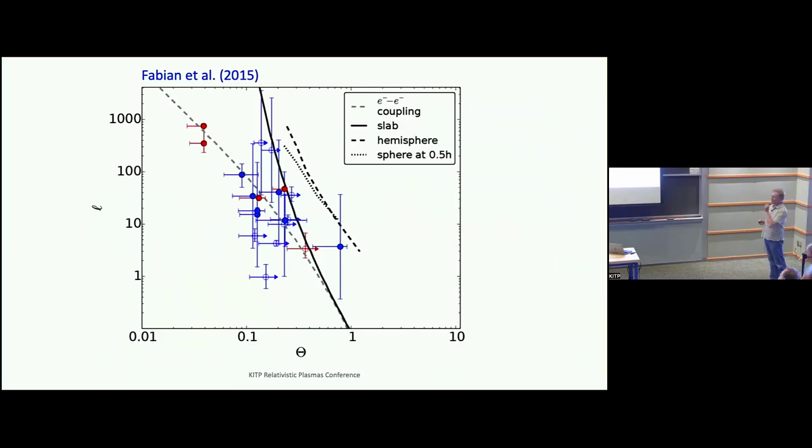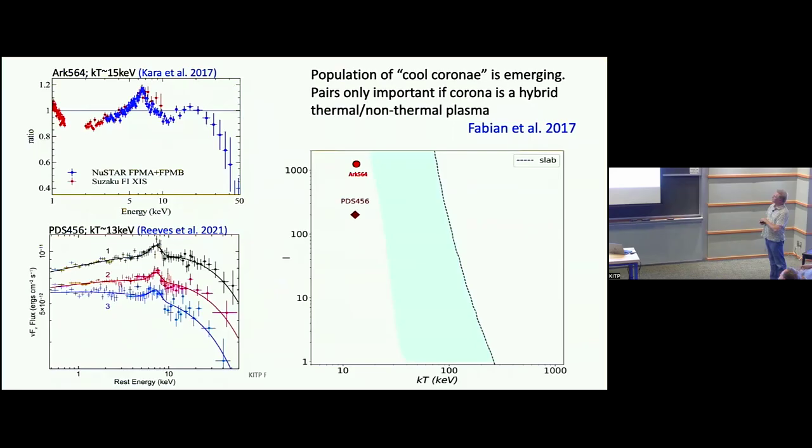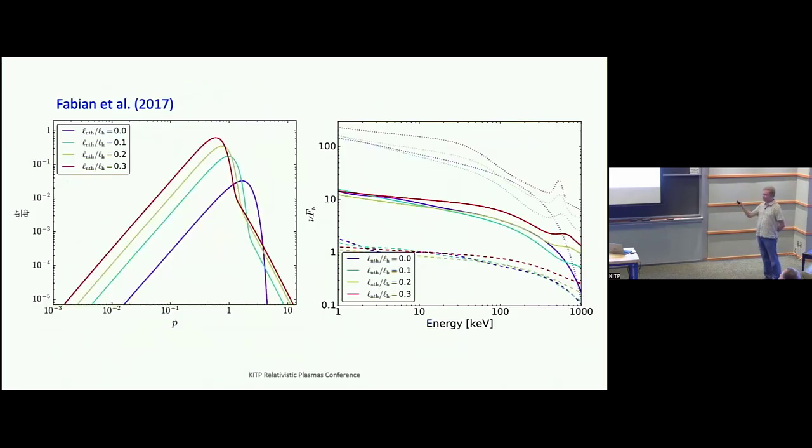Let me briefly say, recently there have been cool coronae found, which are way off this line, and it could just be that nature doesn't mind giving you sources that don't have pair production. But another possibility, of course, is that I'm assuming purely thermal coronae. And it's very reasonable to assume that there are non-thermal components, non-thermal distributions.